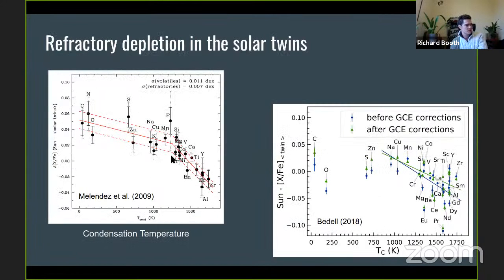So the original explanation for this trend, as seen by Jorge Melendez, was put forward by Chambers, who suggested that if you mix 4 Earth masses of rocky material, a combination of chondritic and Earth-like material, into the solar convection zone, then you could essentially flatten this curve out.